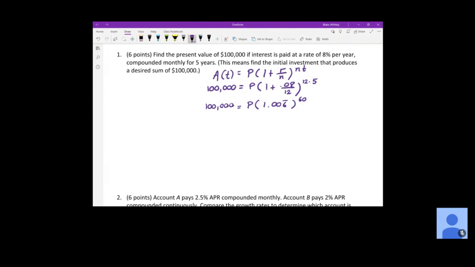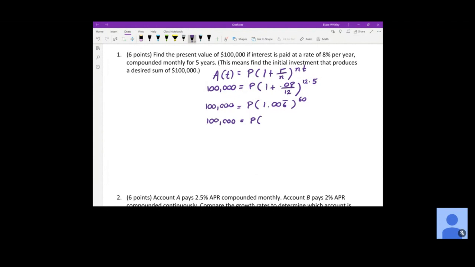Okay, so we can raise what's in parentheses to the 60th power. Good, so that's going to give us 100,000 equals P times, so if we do that to the 60th power, and so what does that give us?